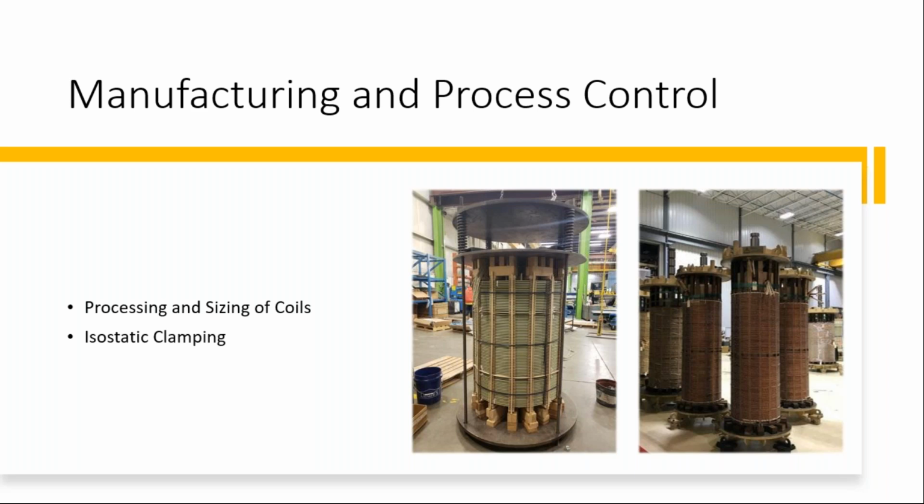So here are a few pictures which show how the windings are actually clamped. These key spacer columns need to be aligned perfectly, and for the alignment, we use sticks to ensure they are aligned properly, and also top and bottom blocking needs to be aligned. And these key spacers align vertically within the coil, and from one coil to the other coil radially need to be in the same line.